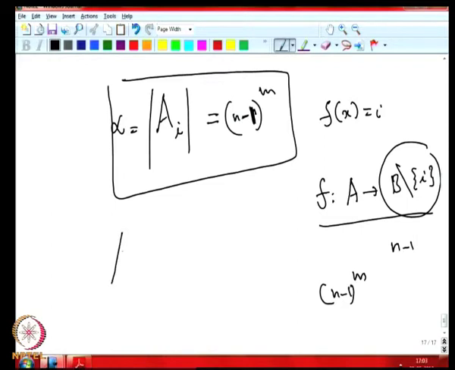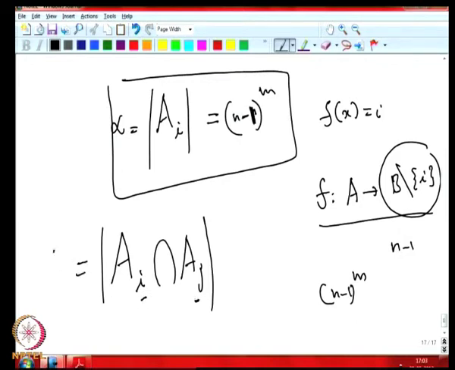Similarly, if you want to find the cardinality of A_i intersection A_j, here also it does not matter which i and j I take. This is again alpha 2. Why?